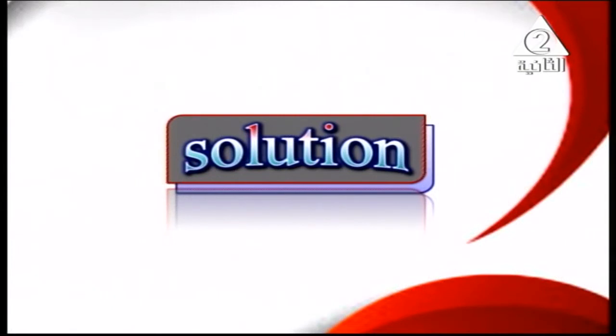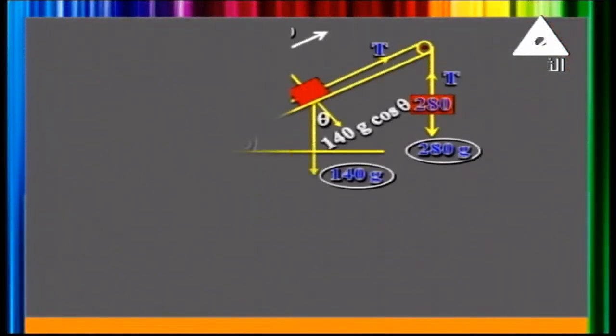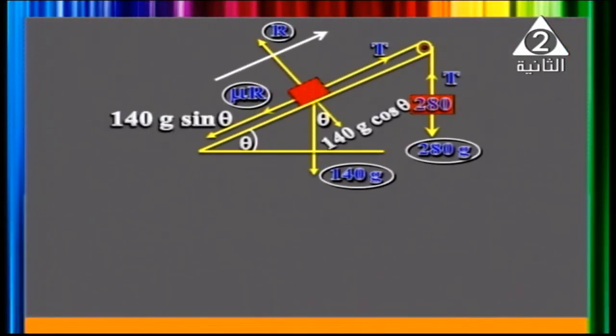My dear student, look at the body put in inclination angle theta, the plane with inclination with horizontal angle theta. Look at, my dear student, R equals 140 gram cosine theta. Why?